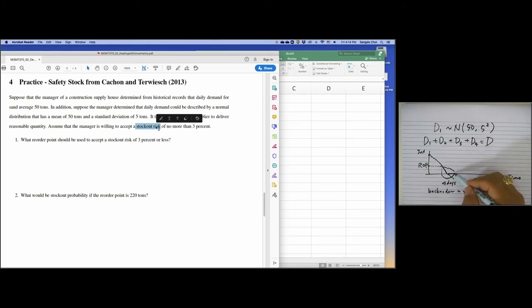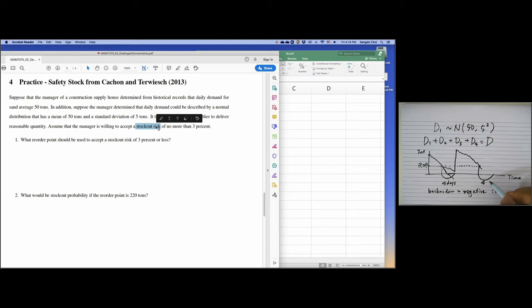At the receiving date, you receive your order quantity, right? And you receive this order quantity, and you can start the next cycle. In the next cycle, you have some demand like this, and at a certain point, again, if your inventory reaches this point, you have to reorder, and right from here it takes another 4 days.